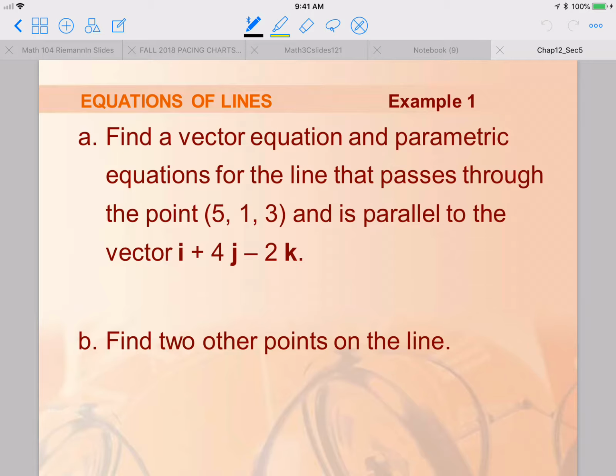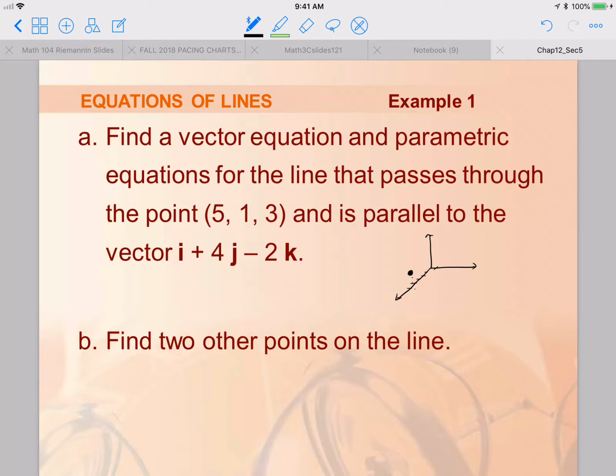Okay, let's do this first example here. We're given a point, so we've got 5, 1, 2, 3, 4, 5, and then we'll want to go over 1, and then up 3, 1, 2, 3.